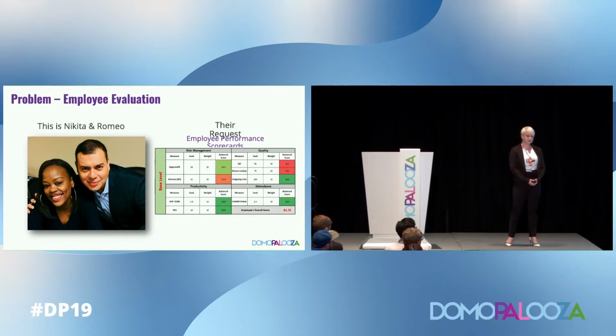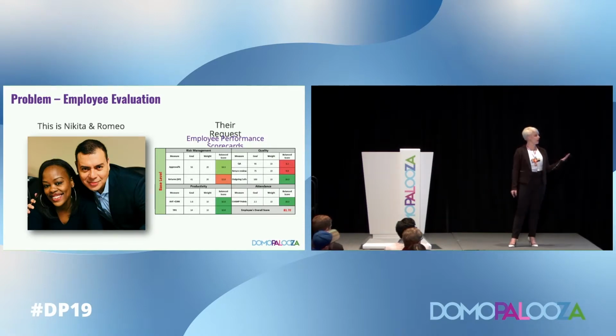Not only did the gathering of the data take forever, but if any kind of change was needed, if they wanted to adjust a goal or change a measuring metric, then they would have to change it across all the different representative scorecards, and it was just a mess.